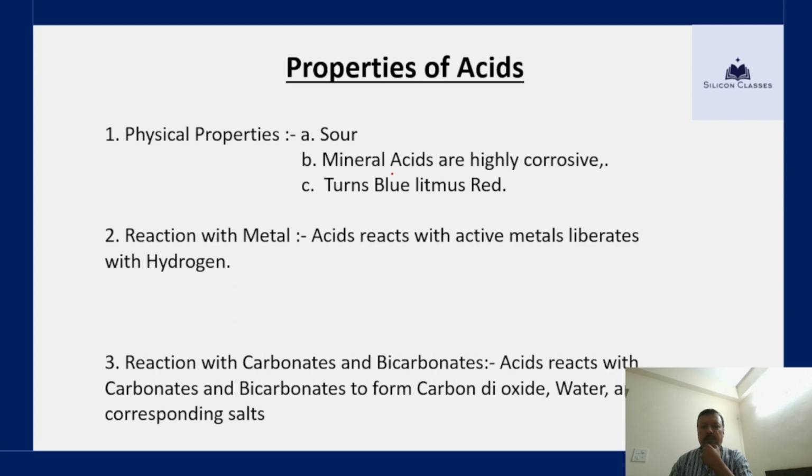What are the properties of acids? Number one, physical properties. It is sour. Mineral acids are highly corrosive. It turns blue litmus red. Reaction with metal. The acid reacts with active metal and liberates hydrogen.